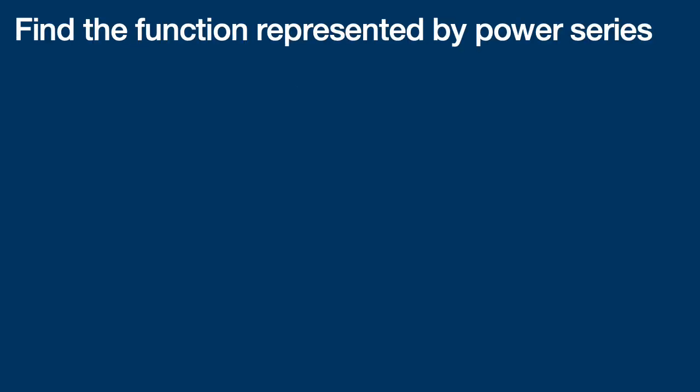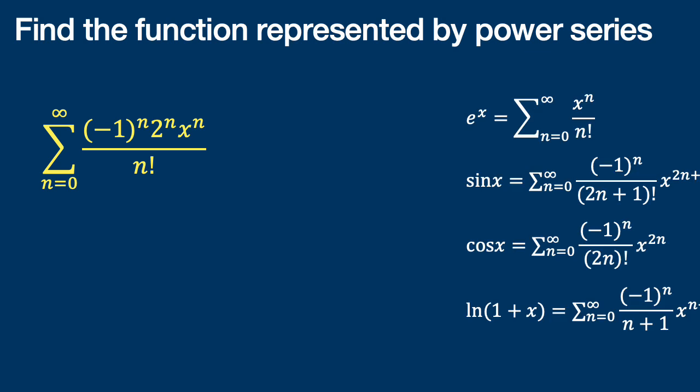Now we're going to find the function represented by a power series. I give the power series, the Maclaurin series, right there. Then which function does this power series represent? How do you figure it out? I give the table of Maclaurin series right there. You guys really focus on the coefficient.